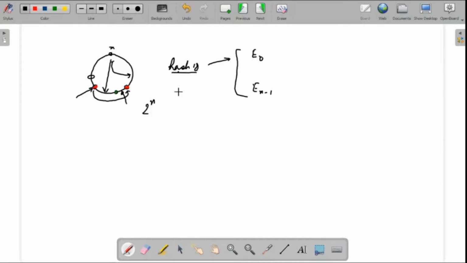But there is an alternative way. You can actually choose a routing table in this fashion, that you have your X here. You can actually now make the tables. So the first entry, E0 entry, will be X minus 2 raised power 0. And of course, you should add the modulo thing so that you always get a positive distance.